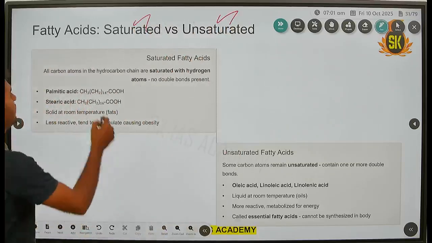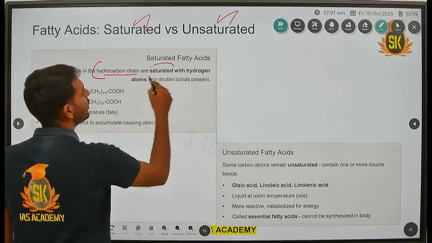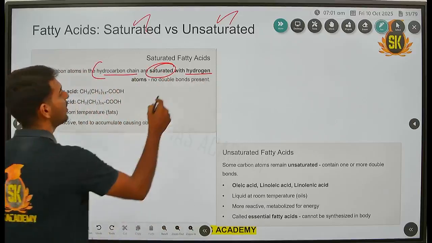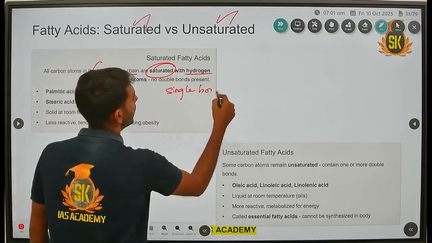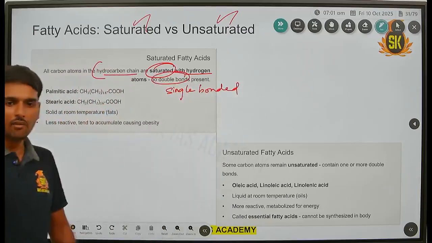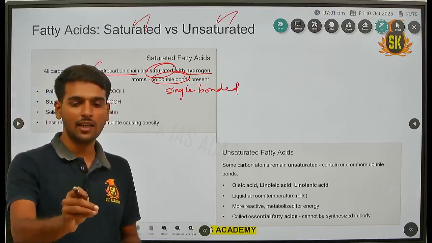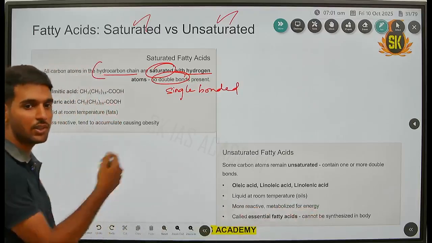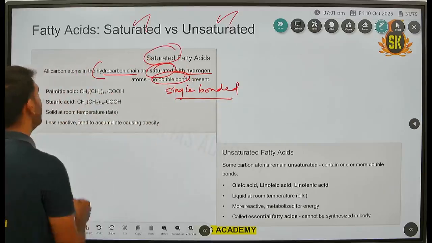Saturated: the hydrocarbon chain is saturated with hydrogen because all bonds are single bonded. No double bond is present. We have seen in NCERT 10th itself, right? Saturated carbon compounds are those which have only single bonds. Same concept. Single bond means saturated fatty acid.